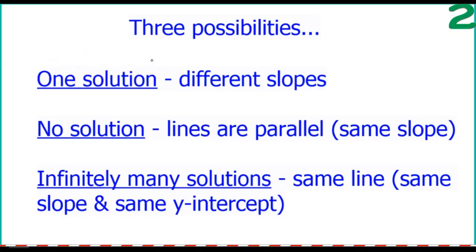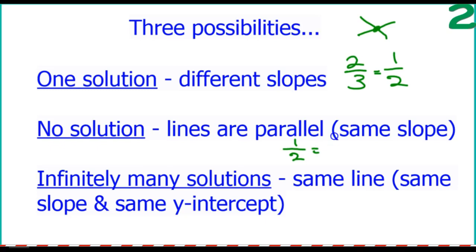Now, just like with any one that we've been dealing with here, there are 3 possible solutions. One solution is to have different slopes. So if we had 2 over 3 and 1 over 2, they would intersect at a point, and that would be the one solution. No solution means the lines are parallel or have the same slope.